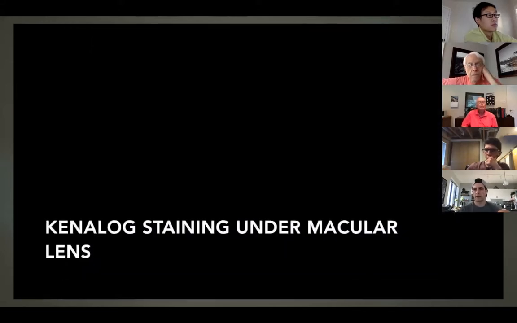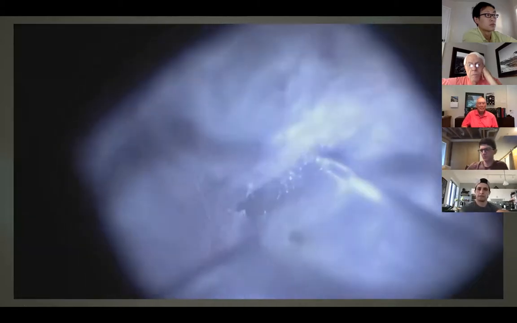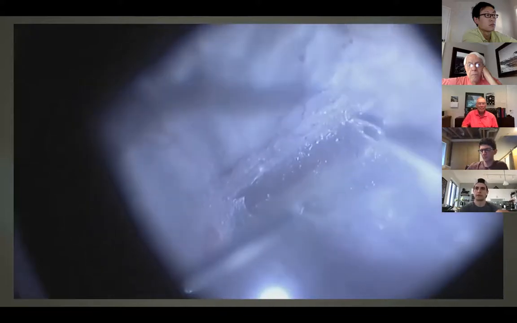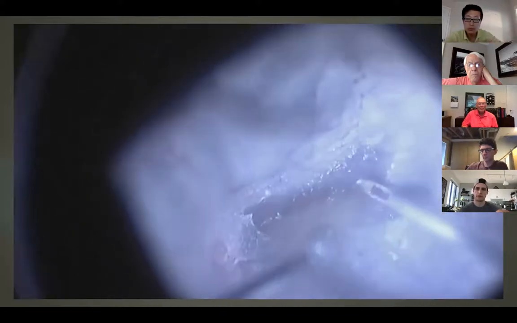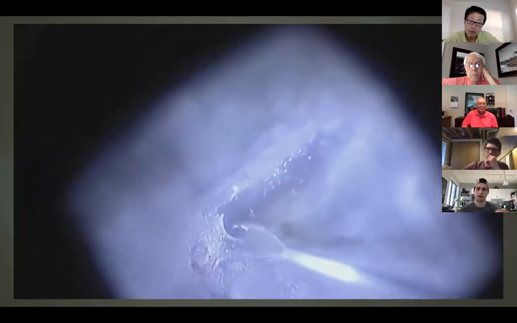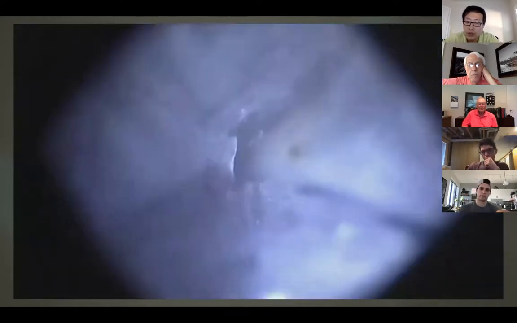And then we did a little macular work. We went under macular lines with Kenalog just to make sure we were able to release the membranes in the macula. I don't really know which layer this actually is.